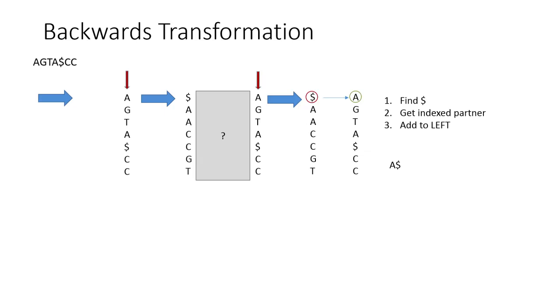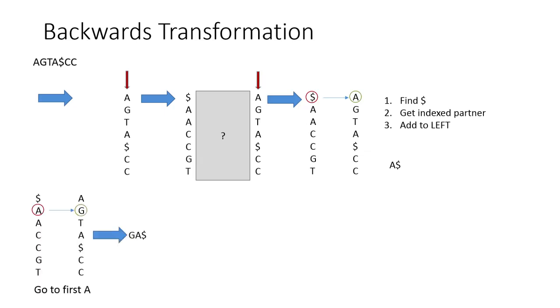The first step is to find the $ sign that you normally add, and then you find its index partner, which is the letter that goes next to the $ sign. So for the first step, it's a $ sign. You repeat this process based on the location of the letter in the second column. In this case, the $ sign was paired with an A, and it's the first A in the Burroughs-Wheeler string.